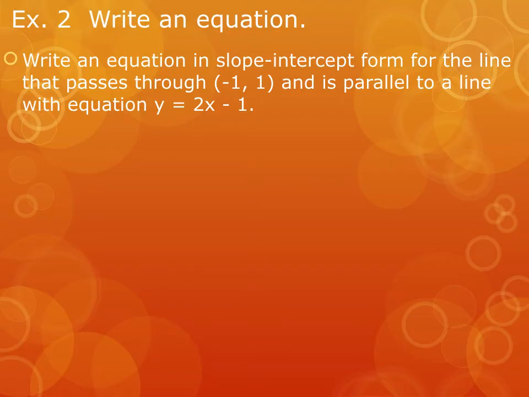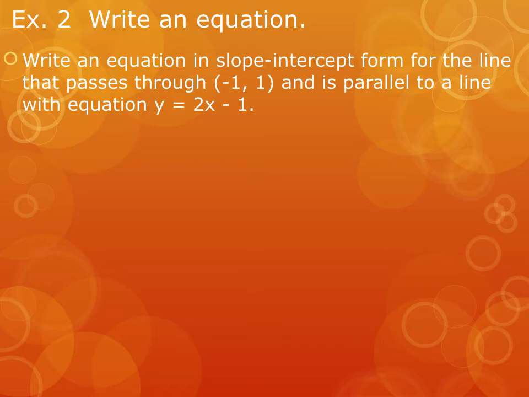Here we're asked to write an equation in slope-intercept form for the line that passes through the point -1, 1 and is parallel to a line with the equation y equals 2x minus 1.